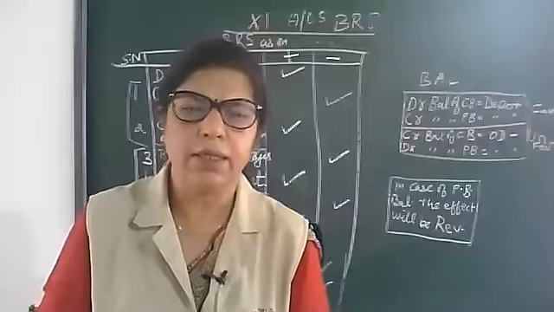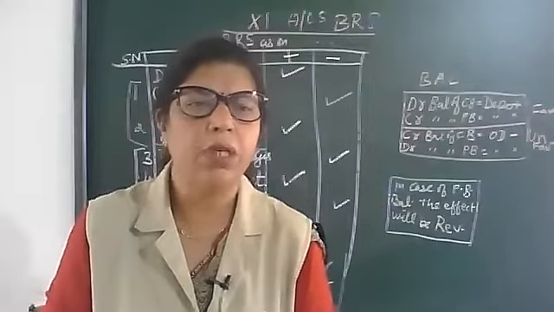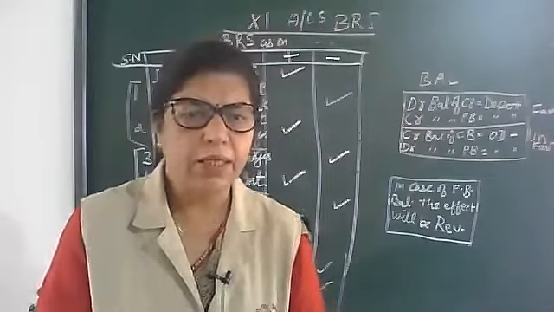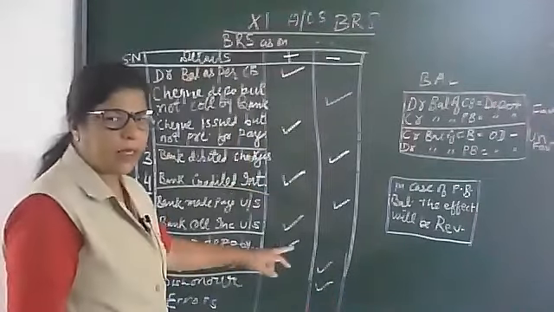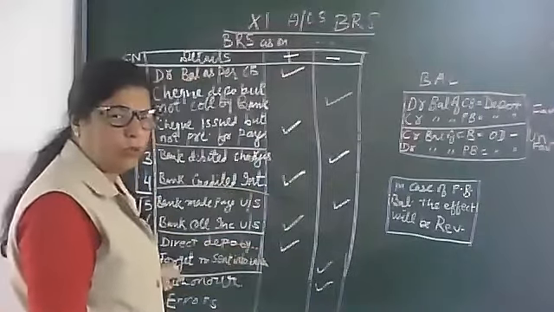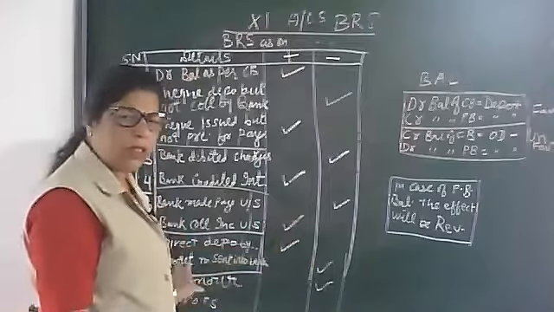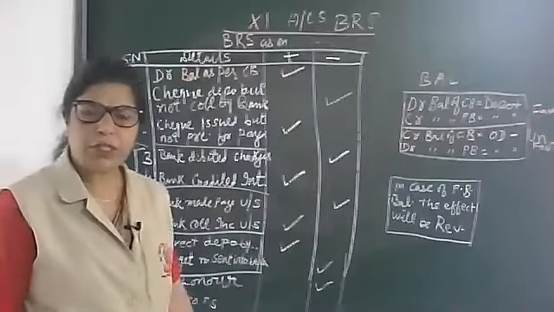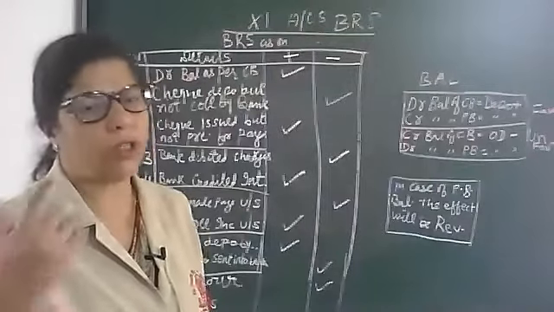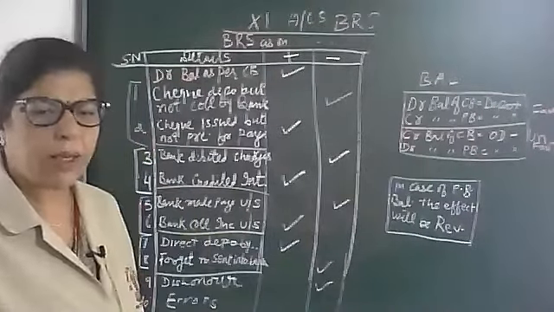Online transactions are there, RTGS. I explained e-banking in the functions of bank in business studies. That is direct deposit. If someone deposits in your account, that is added. If you made the payment, that is subtracted. Then forget to send to bank: sometimes we receive the amount and enter it but do not send it to the bank, that is minus.